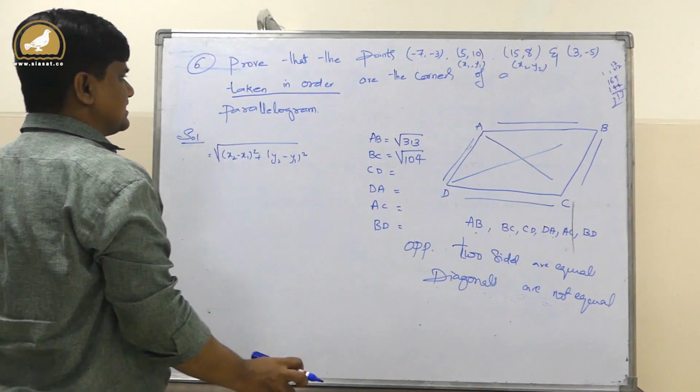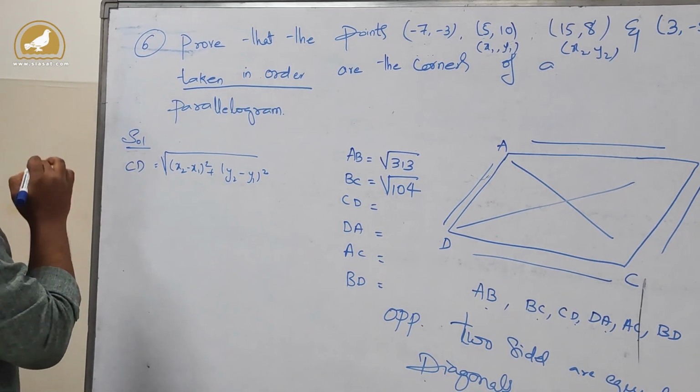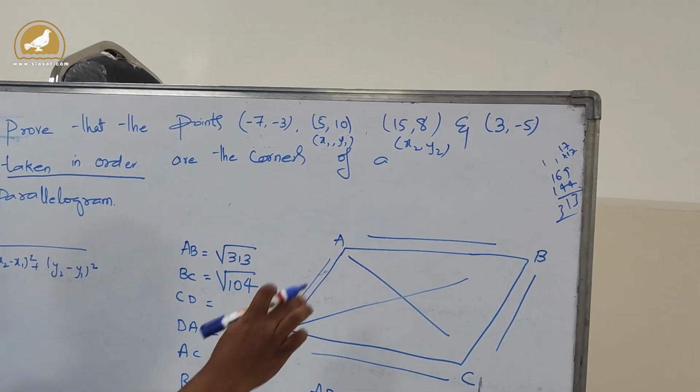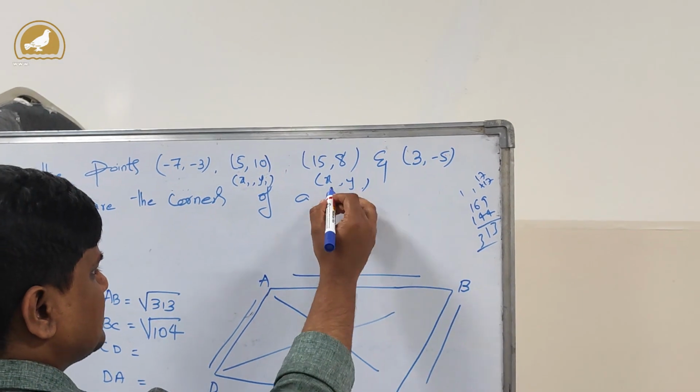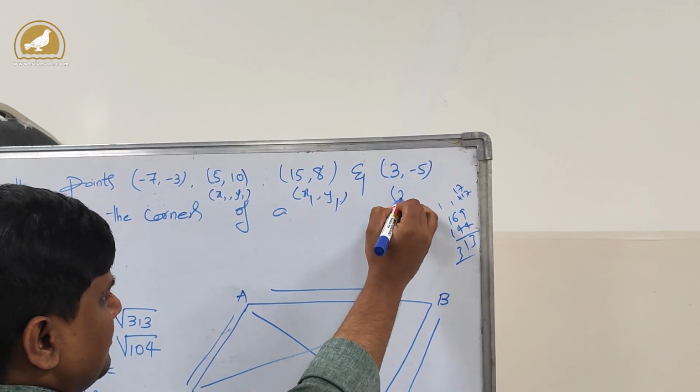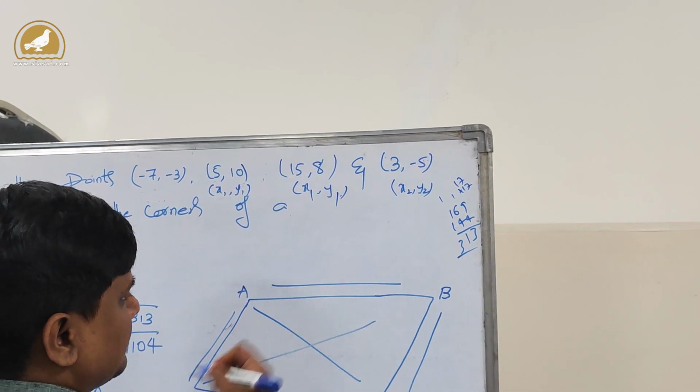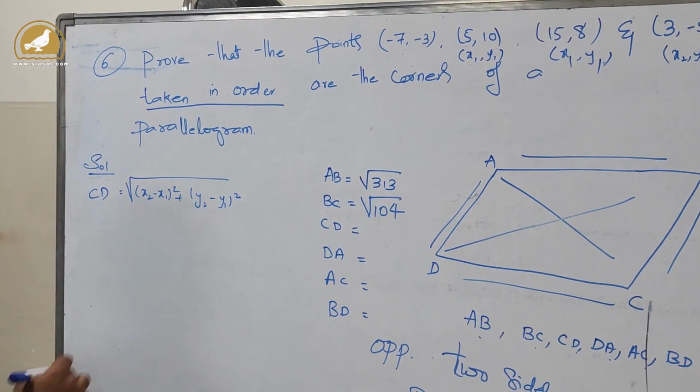Next we will calculate the distance between C and D. When we are calculating the distance between C and D, C will become x1, y1 and D will become x2, y2.